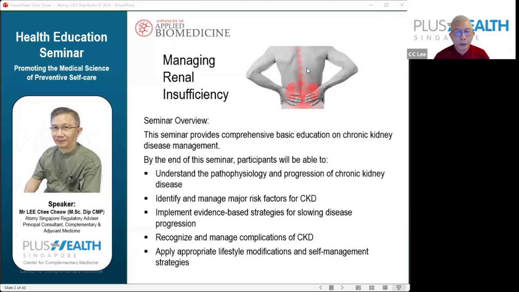And we will also identify and manage major risk factors for CKD. And we will also talk about how to implement evidence-based strategies for slowing the disease progression.